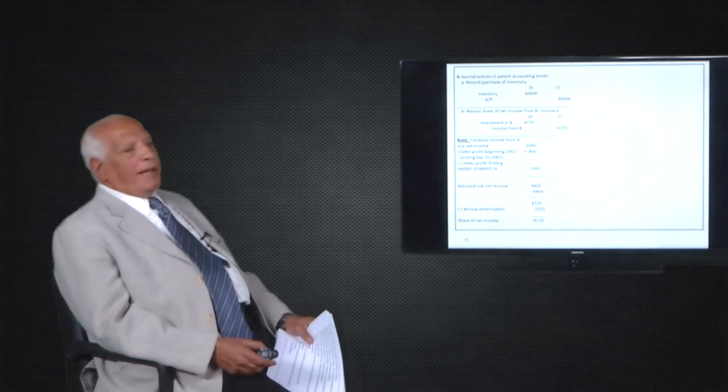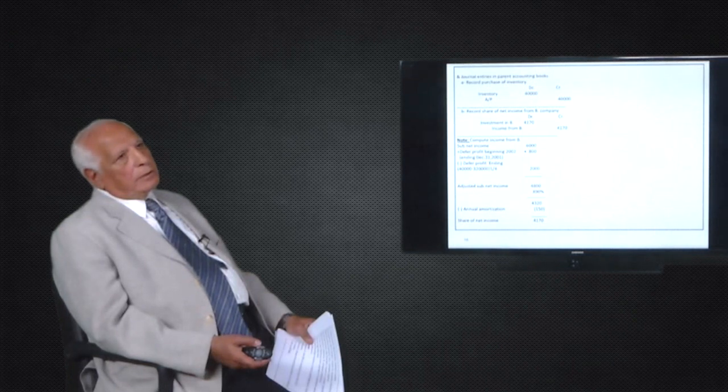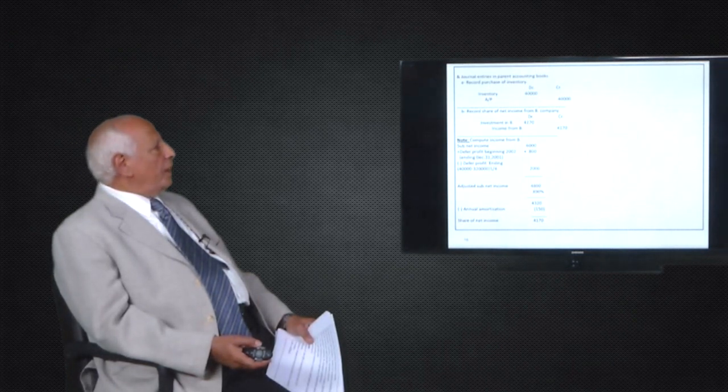After this, the journal entries in the parent. Remember, the parent purchased this inventory under the perpetual inventory system, so he's going to debit inventory 40,000, credit AP.